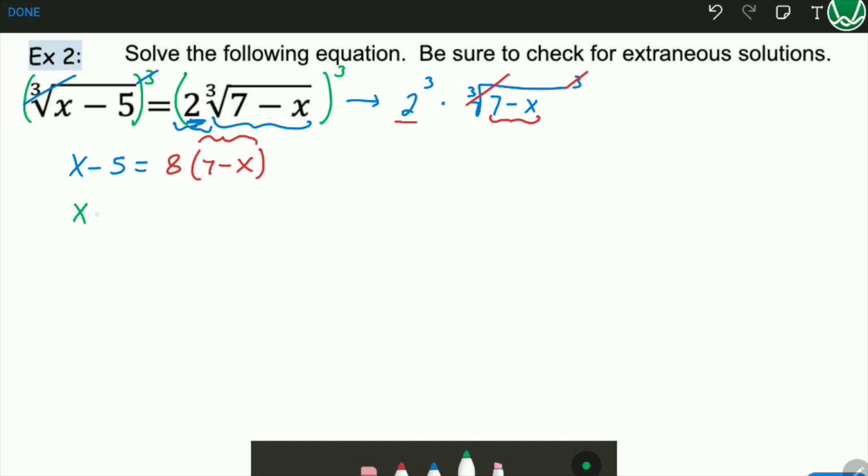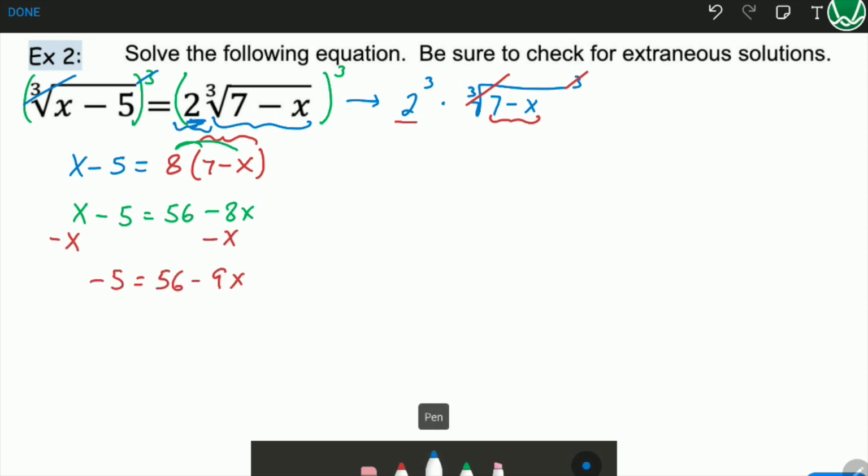Afterwards, we do have to figure out whether this is linear or quadratic, so we'll distribute, deal with any multiplication that we have. So 8 times 7 is 56, minus 8x. Since there are no exponents here, we have a linear equation. So we'll move all the x's to one side, subtracting x from both sides, giving us negative 5 equals 56 minus 9x.